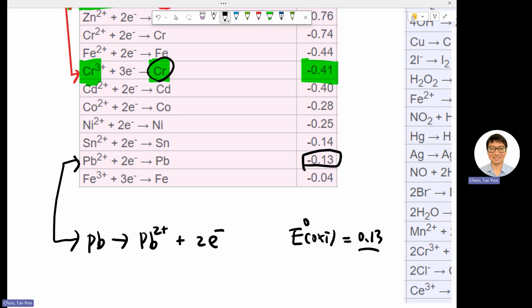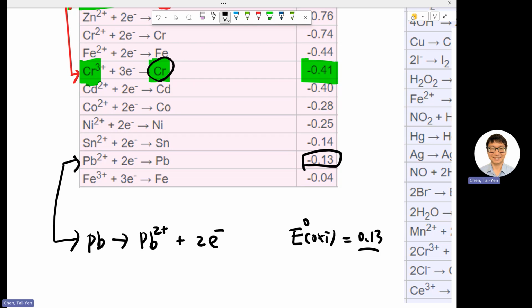Okay, so once you have the oxidation potential, if I ask you what species you're going to see at the anode under electrolysis, then you want to figure out the one that has the less negative oxidation potential, and find the product of that specific equation.